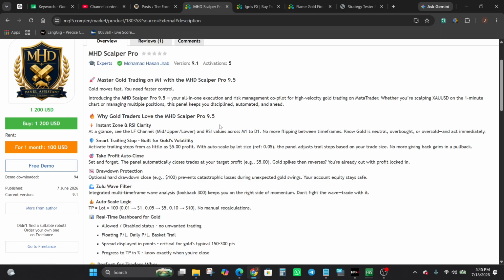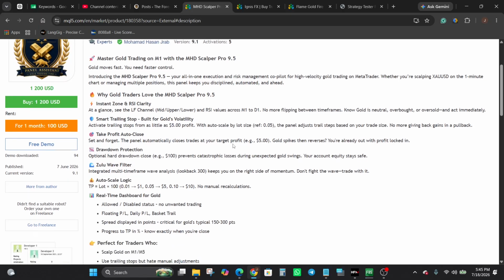So going through the features, there is a trailing stop that can activate from as little as $5 in profit, with step size scaling automatically based on lot size. Now, take profit is handled through an auto close function, closing trades once a target dollar amount is hit.